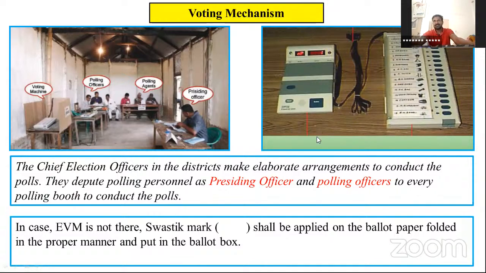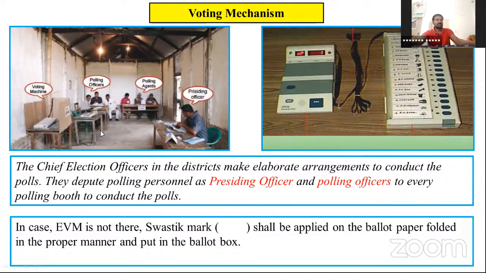One constituency, one returning officer. A number of polling stations are allotted by the election officer to a particular constituency. Every polling station has a presiding officer, and other polling officers are also there.